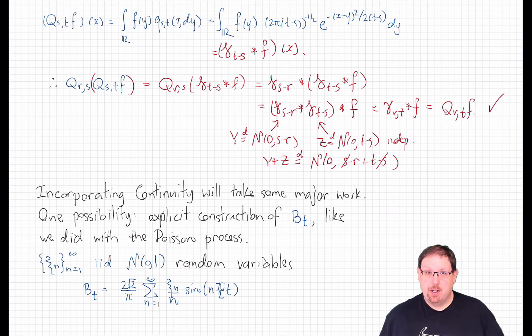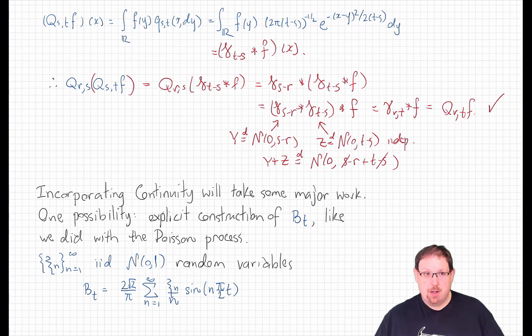Now that approach is quite challenging, and Wiener's original paper is perhaps worth reading to see what methods were used. Even coming up with this representation takes some work. This is, of course, the Fourier series of a Brownian path.